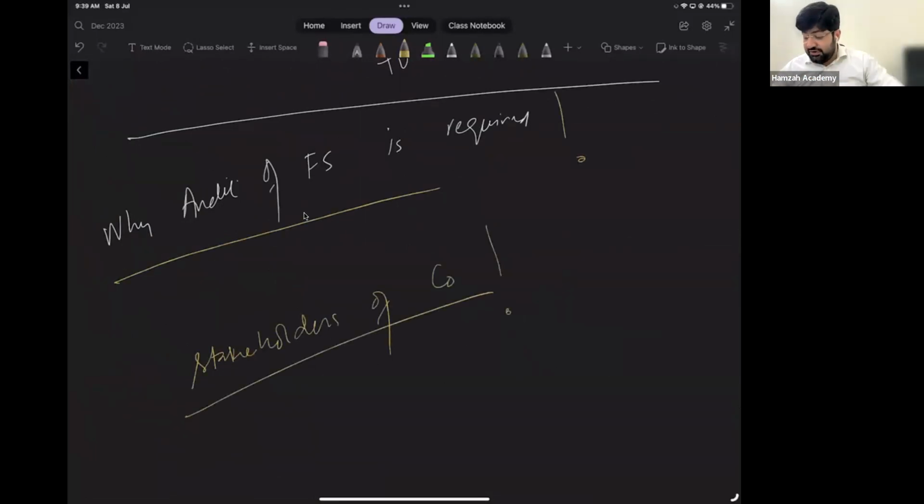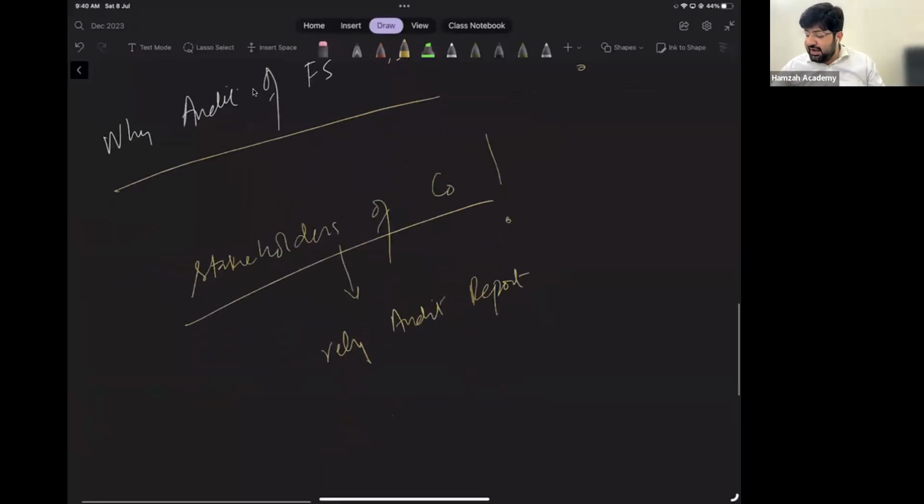They rely on the audit report and make their decisions.